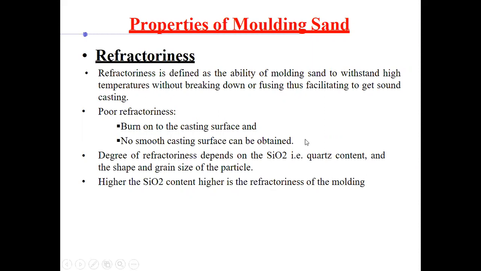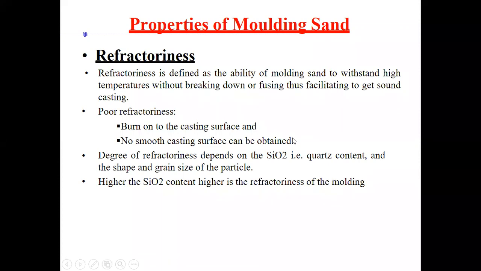Should be able to hold itself together until the molten metal has solidified, right? So that's what makes us get a sound casting. Poor refractoriness leads to burn onto the casting surface, and no smooth casting surface can be obtained, right?